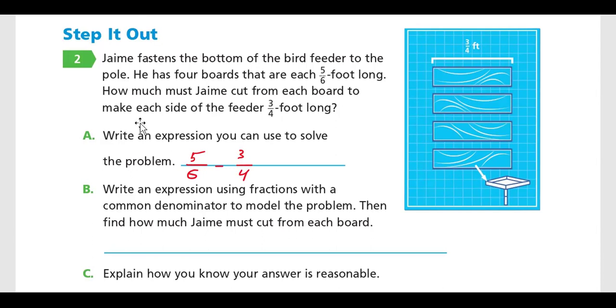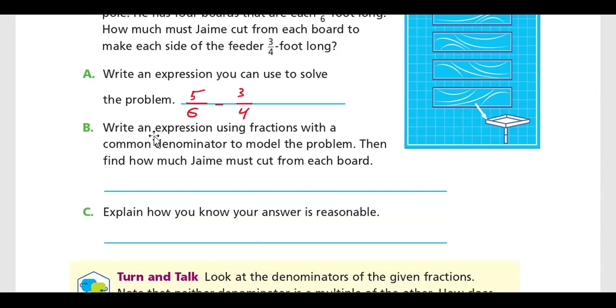So for the common denominator, as we know, we have to write table 4 and table 6. Table 4 is 4, 8, 12, 16. Table 6 is 6, 12, 18, and so on.